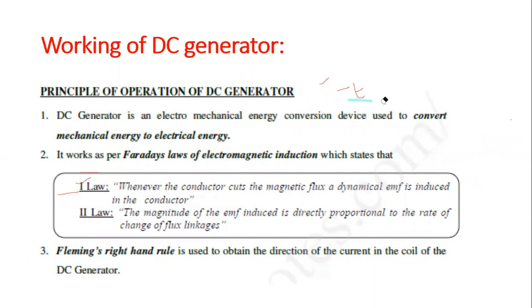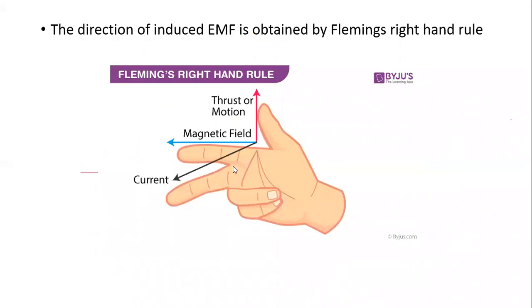Fleming's right hand rule is used to determine the direction of the induced EMF that will be obtained by the DC generator.